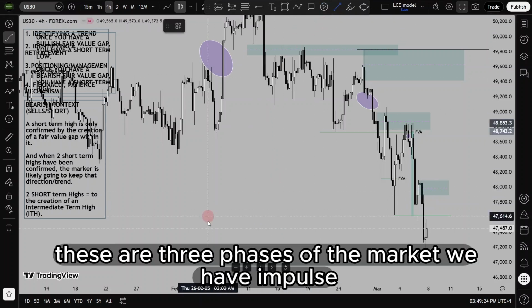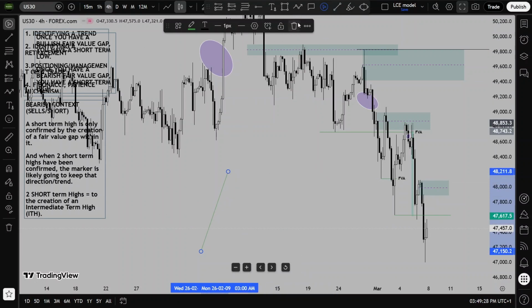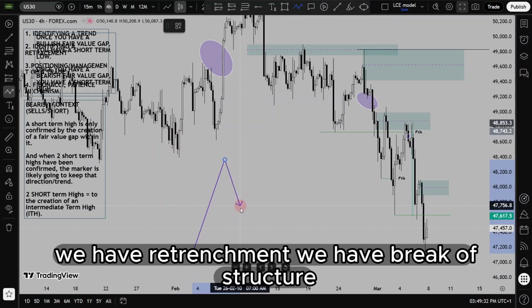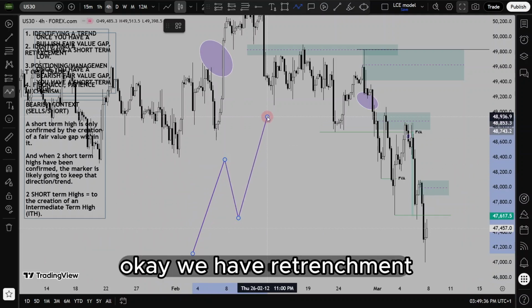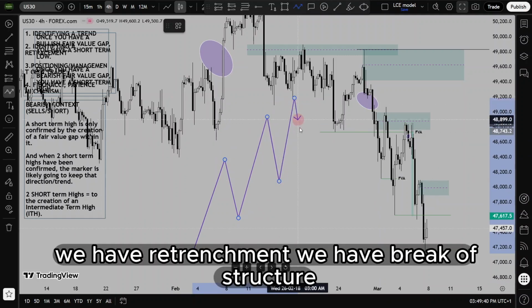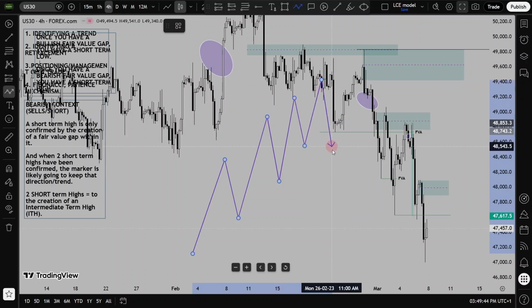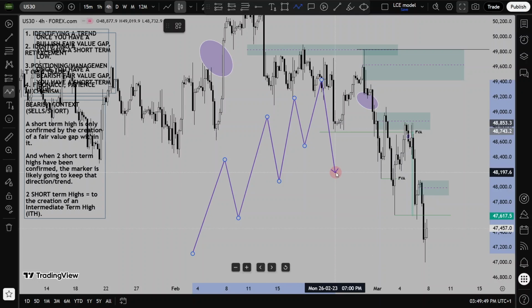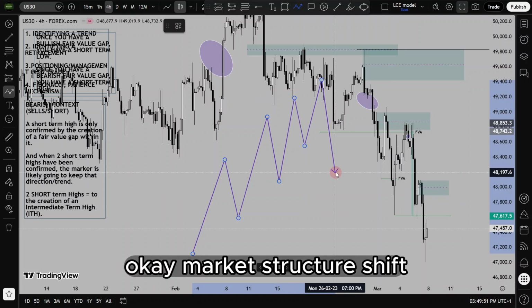These are 3 phases of the market. We have impulse, we have retracement, we have break of structure, we have retracement, we have break of structure, we have market structure shift.